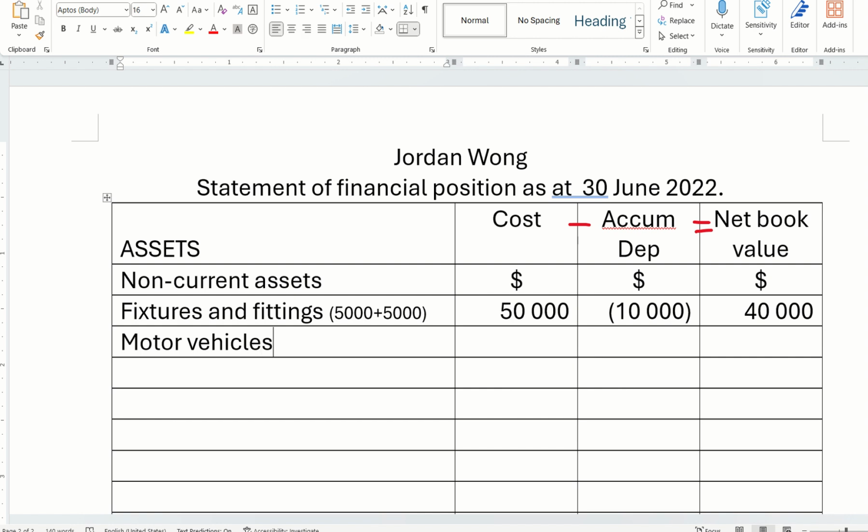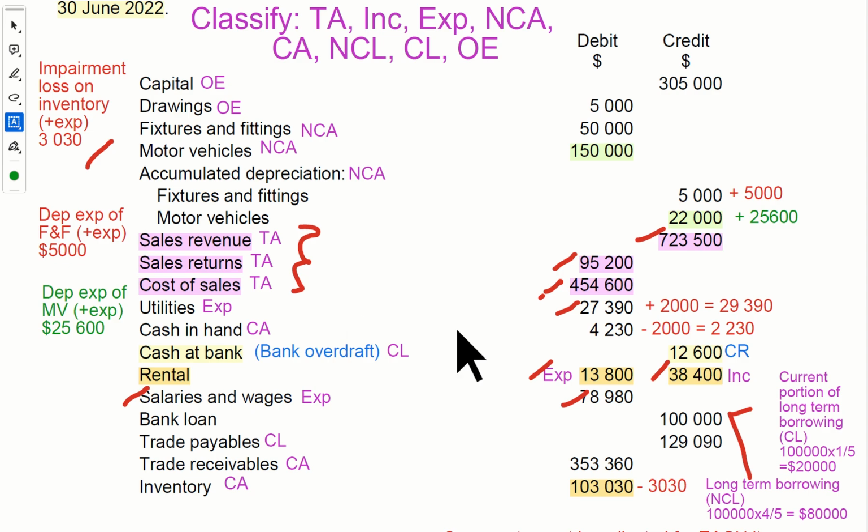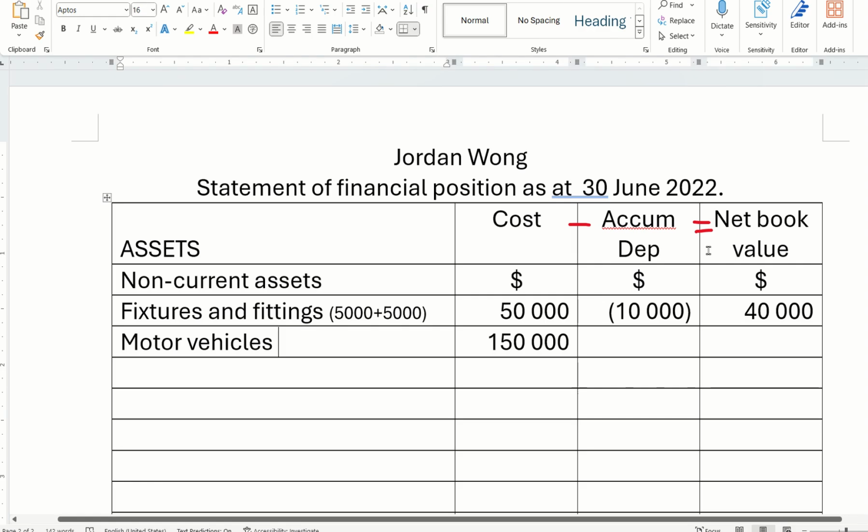I do the same for motor vehicles. So can you do the same for motor vehicles right now? Pause my video and do the same for motor vehicles, because I will just show the answer. Are you ready? So motor vehicles was 150,000. The accumulated depreciation was 22,000 plus 25,600.